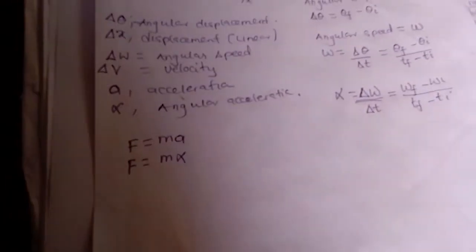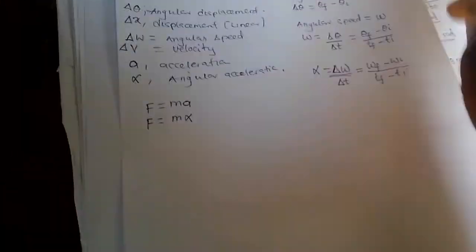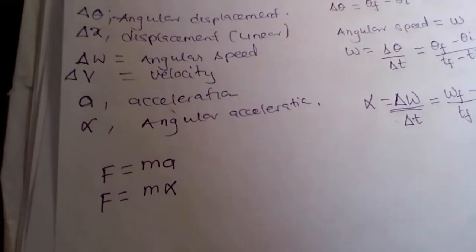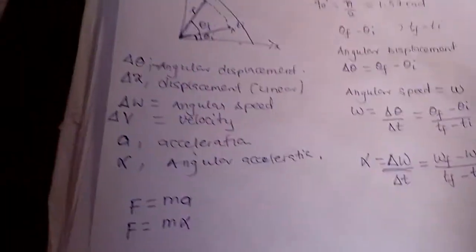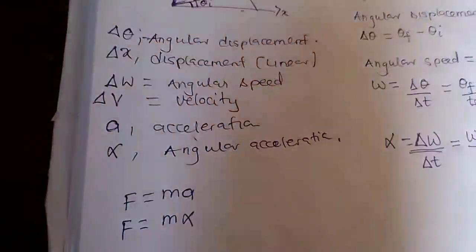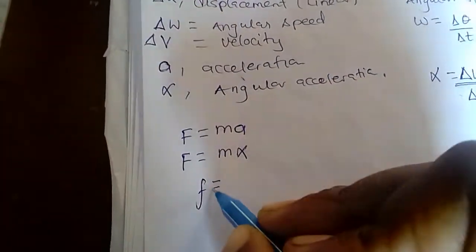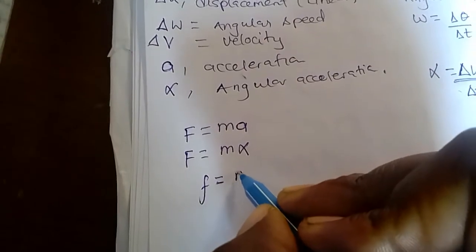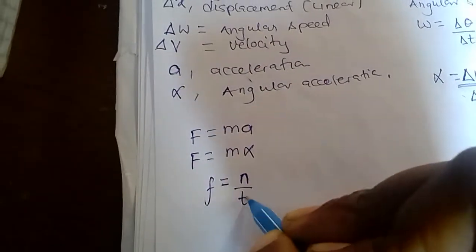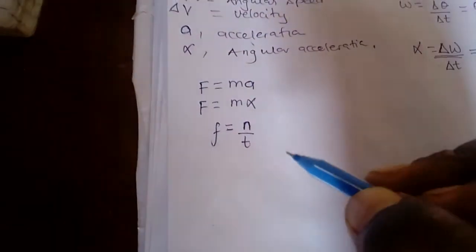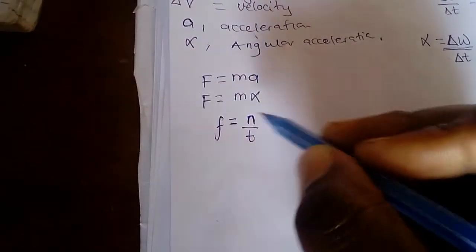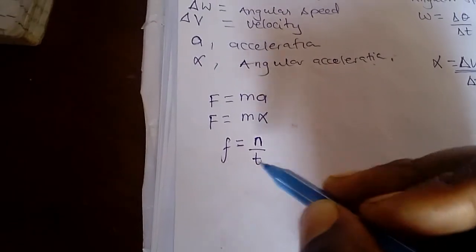Terms like, if you're talking of angular speed, there are also terms such as frequency. If you go back to high school, frequency was solved using the formula n divided by t, where n is the number of rotations and t is the time it takes to complete those rotations.